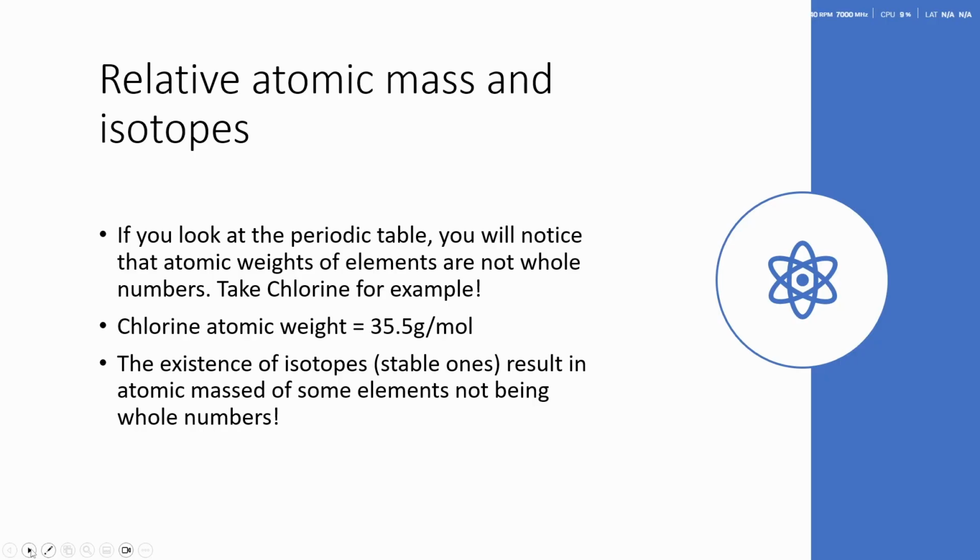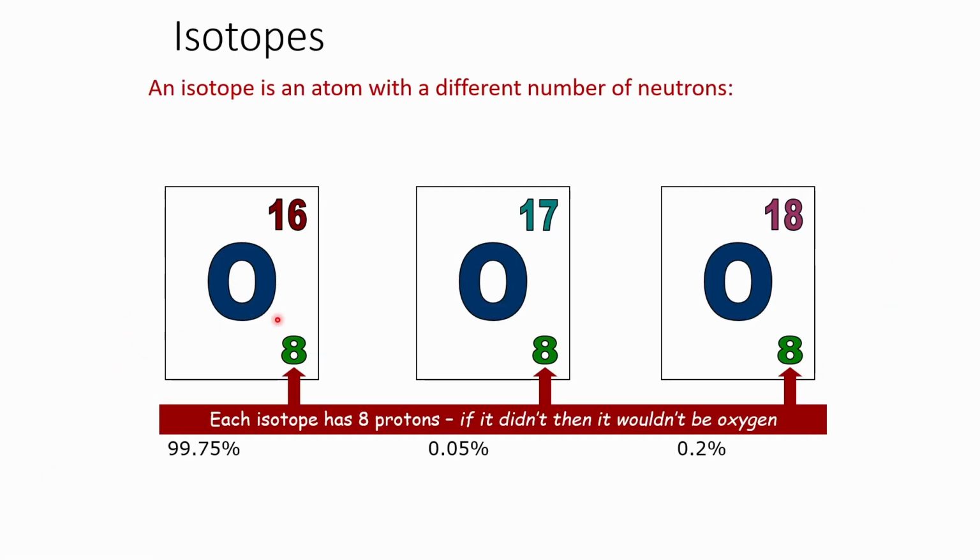Okay, so taking a look at a different example. This is oxygen. In terms of stable oxygen, we have 3. All have the same proton number because it's oxygen. If it didn't have 8 protons, it wouldn't be oxygen. But we can see that the mass number is changing. So here we have 8, then we have 9, then we have 10.